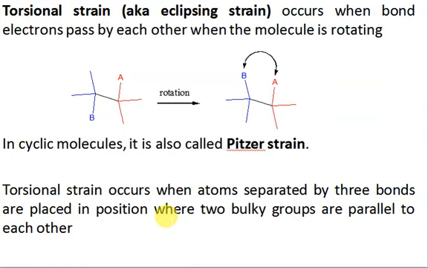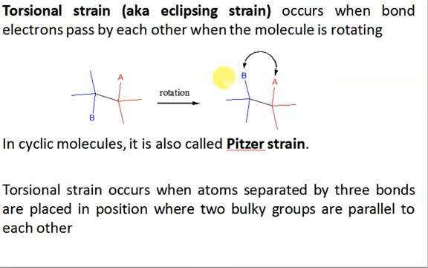In case of steric strain, as we saw, the atoms must not be directly bonded and they should be at least 4 bonds away from each other. Right, so in case of steric strain, the atoms must be closer to each other in 3-dimensional space, but for torsional strain to exist, the two atoms must be separated by 3 bonds. So you can say A and B are separated by 1, 2, and 3 bonds.